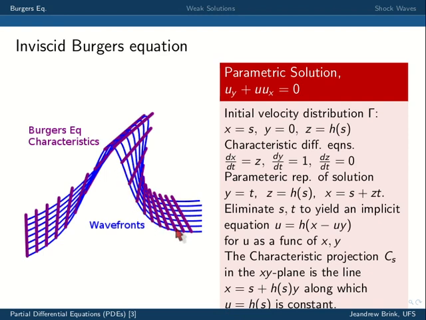I got the initial curve, worked out what these characteristic lines were, and then just propagated the height. Along these lines, the height remains the same. So I basically have a wire frame that makes up my solution. You can do a different thing for a different initial curve, and you can practice it yourself.